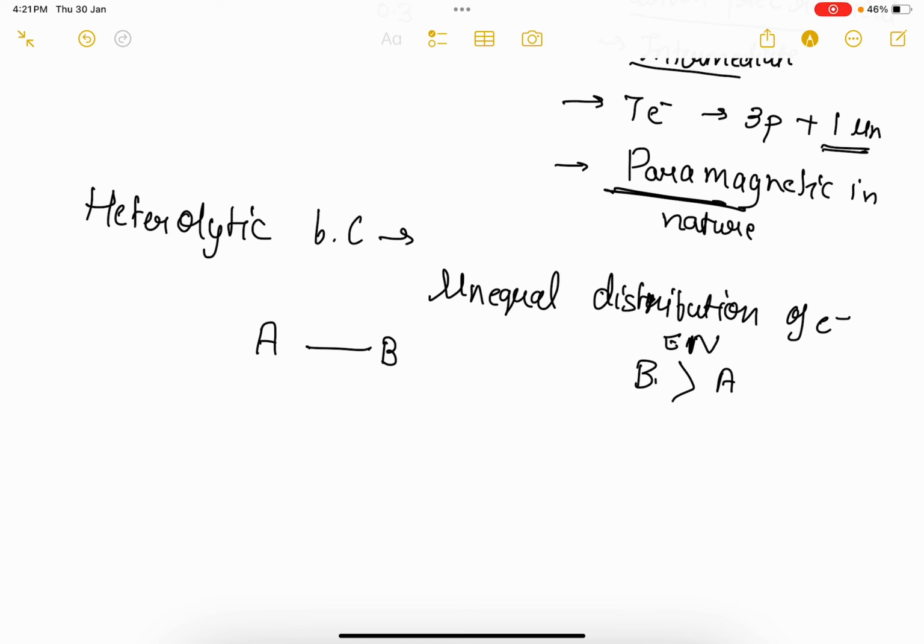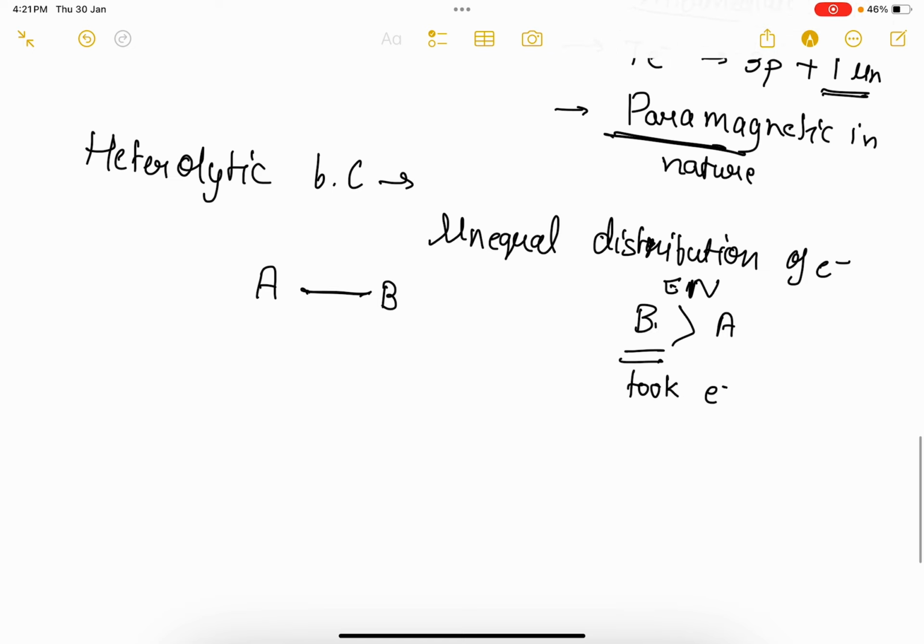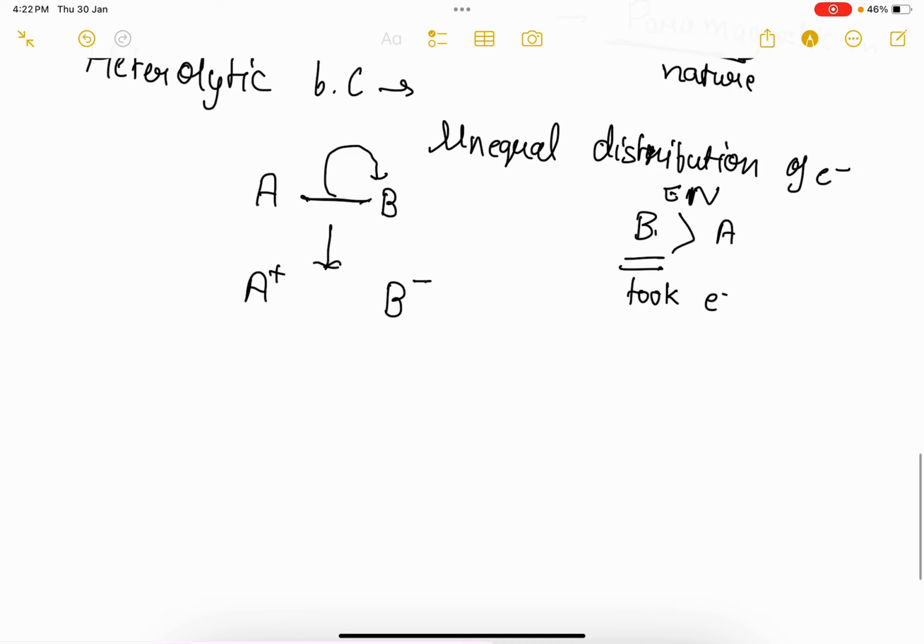So B atom takes the electrons from the covalent bond. Then both electrons go toward B atom, and two types of ions form. The first ion is A plus and the second ion is B minus. So in heterolytic bond cleavage, a positive and a negative ion, or cation and anion, are formed.